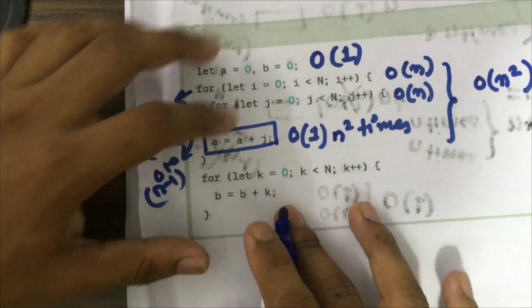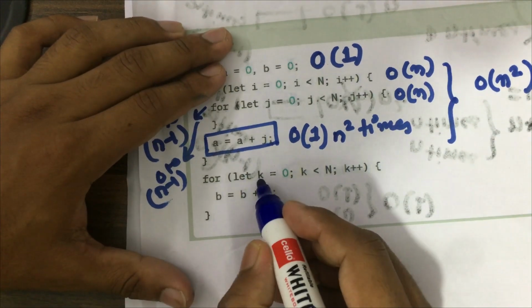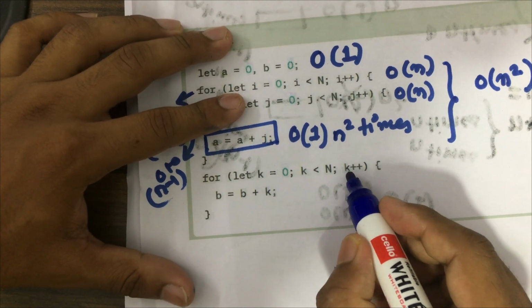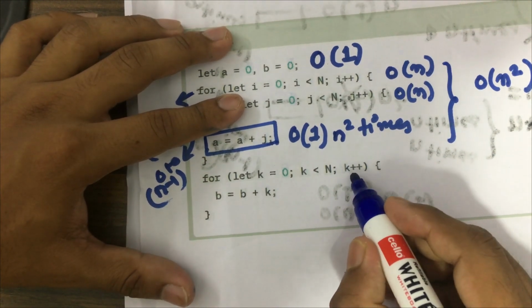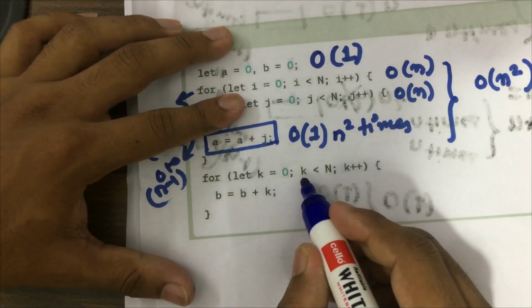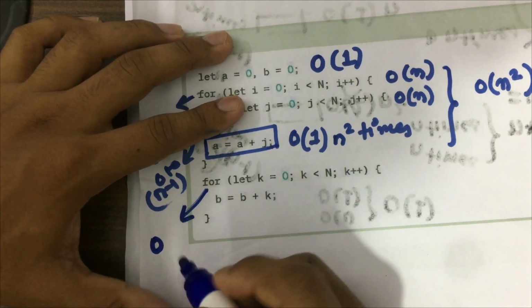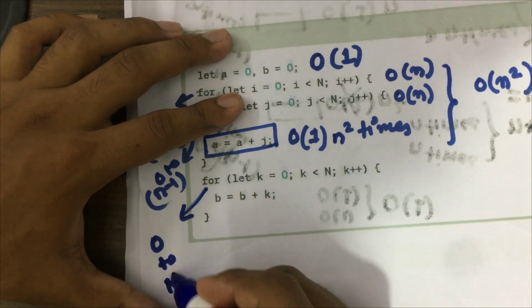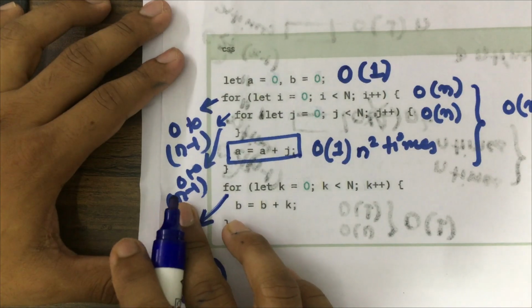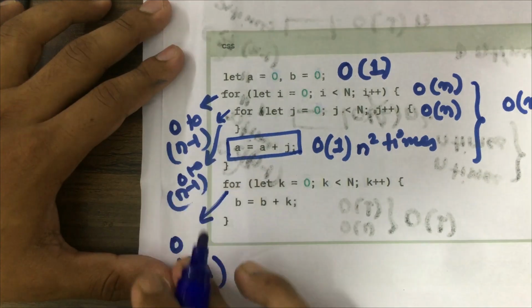Going further down, here it has a similar property. k starts at 0 and every time iterates by +1, so k is equal to k plus 1, and k actually never reaches n. That means it starts from 0 and goes till n minus 1. Sorry, I have taken small n here; you should have taken capital N here, by the way.